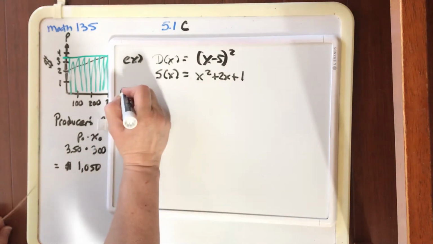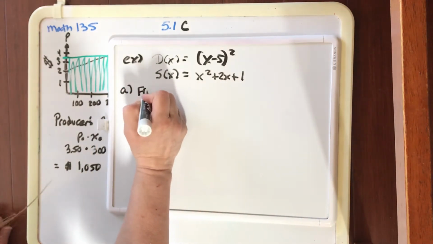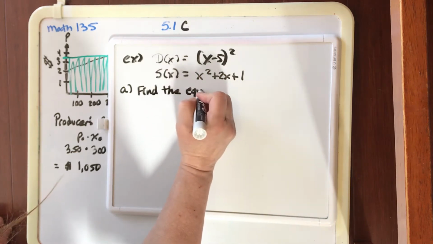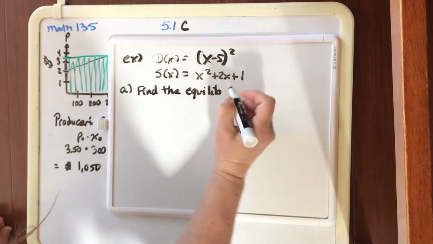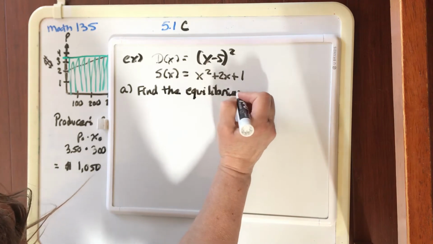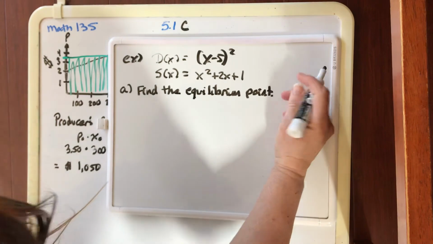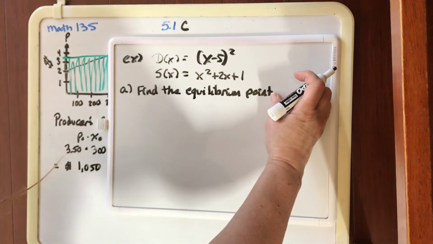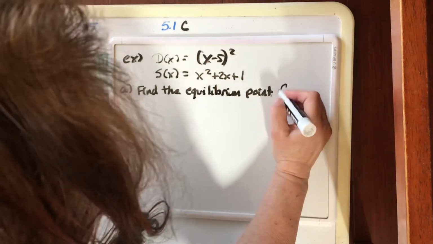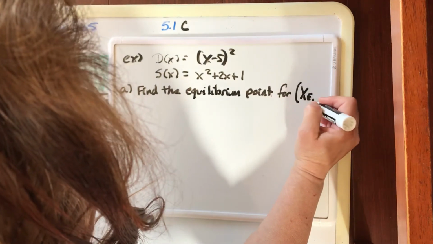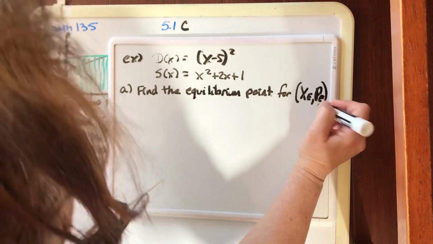So letter A, find the equilibrium point. Find the equilibrium point for XE, PE. Okay?